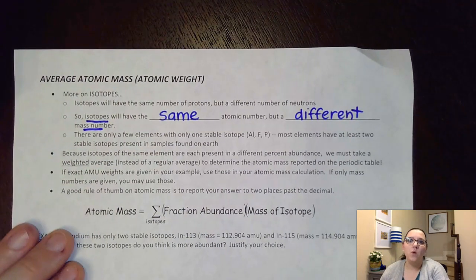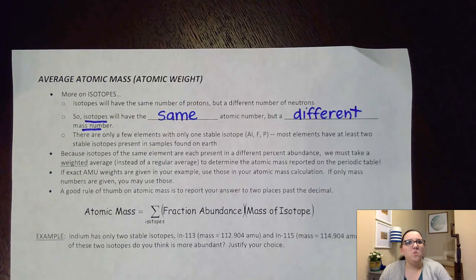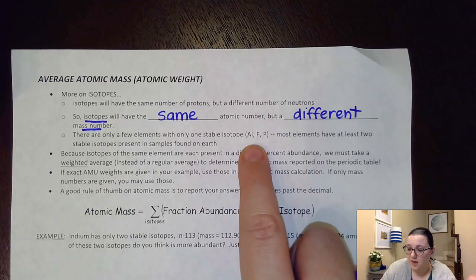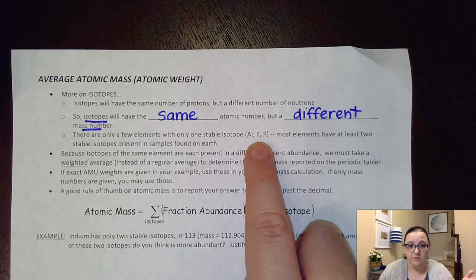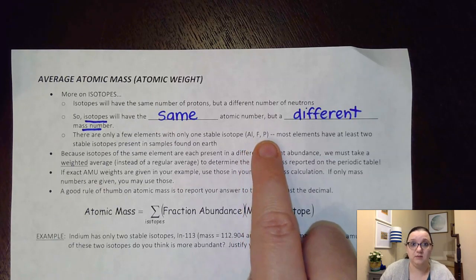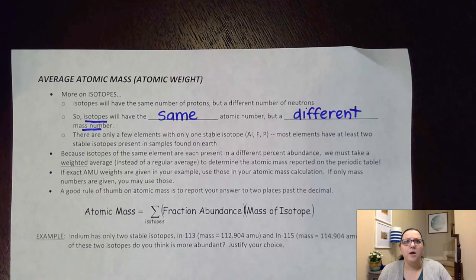An element could have several different stable isotopes found on Earth. There are only a couple of elements that have just one stable isotope. I've given you a few of them here: aluminum, fluorine, and phosphorus only have one stable isotope. But most elements have at least 2 or 3. There are even some that have 7 or 8 stable isotopes, especially some of the bigger elements.